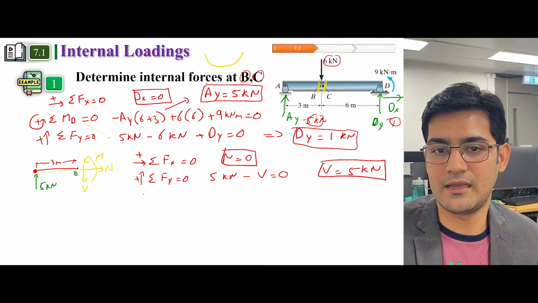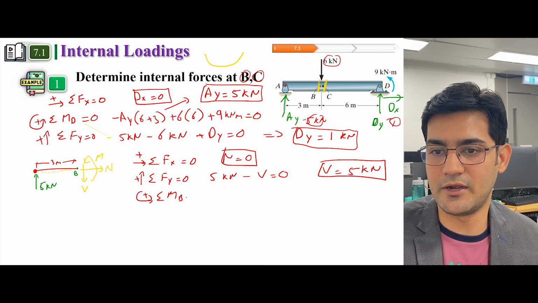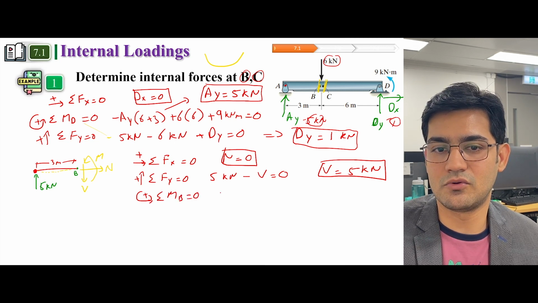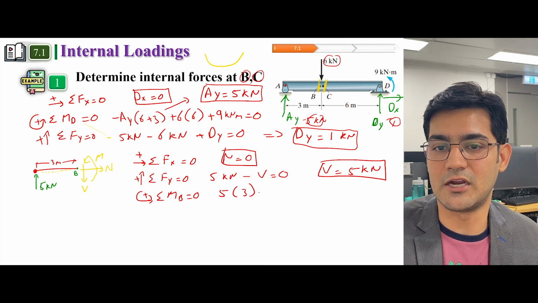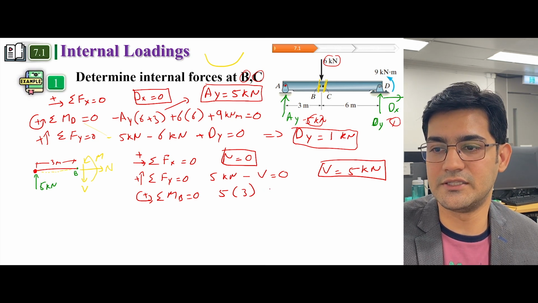Now we can take the moments. So let's take the moment which is anti-clockwise to be positive. Summation of moment at point B is equal to 0. So you have 5 multiplied by 3, which is the moment arm, and the shear force will become 0. Normal force is already 0.